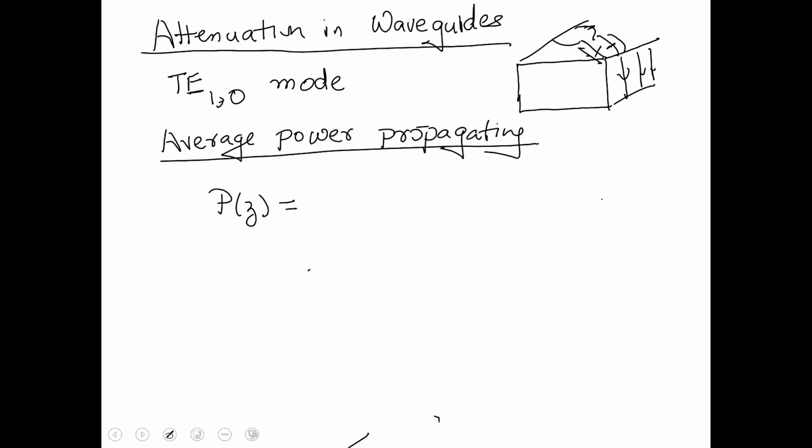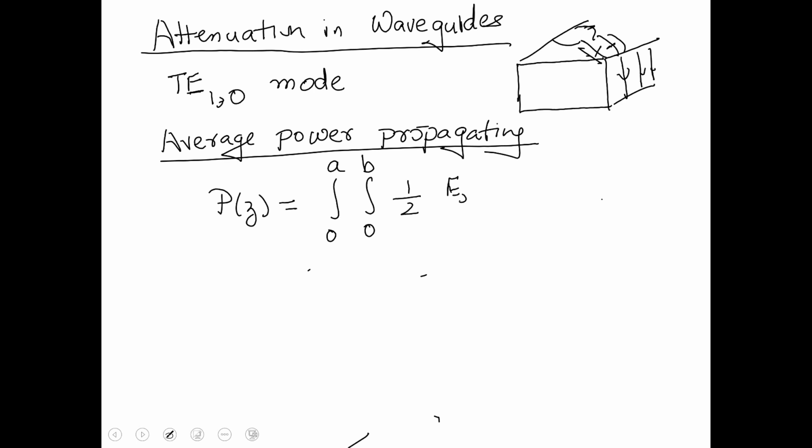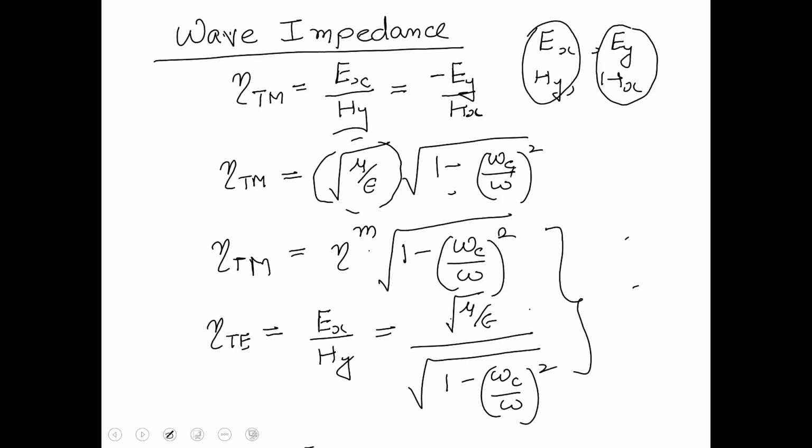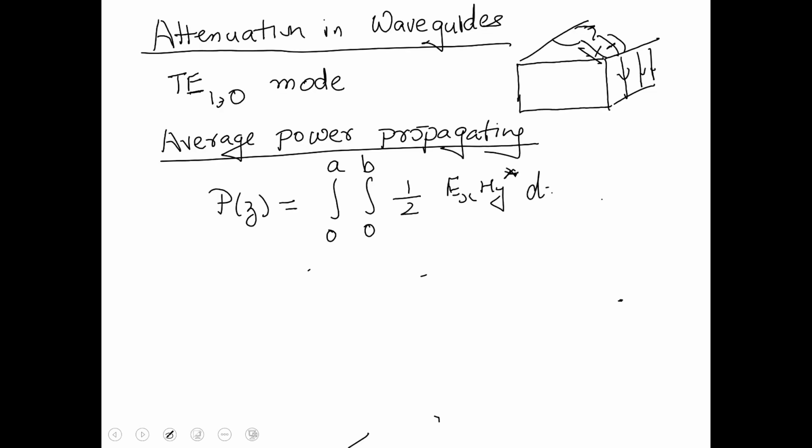So it would be integral over the whole waveguide, 0 to a, integral from 0 to b, half of, basically I'm just doing the component, half of Ex Hy star in magnitude, the complex conjugate, dx dy.